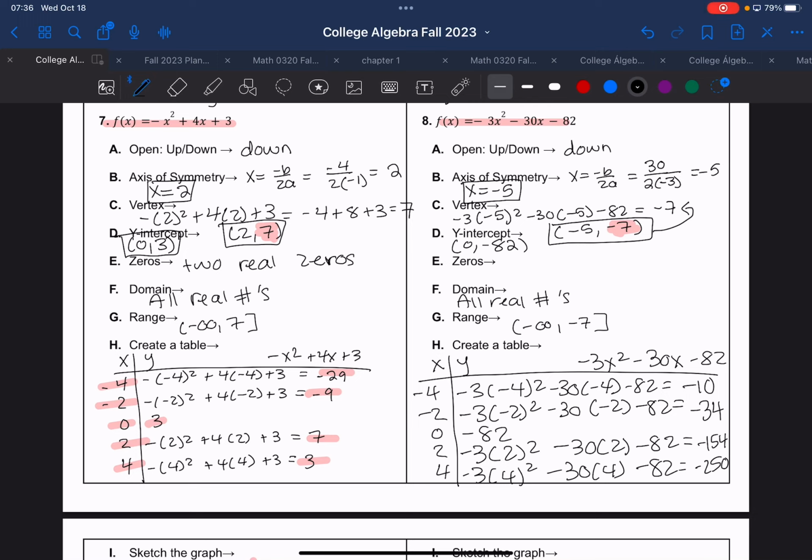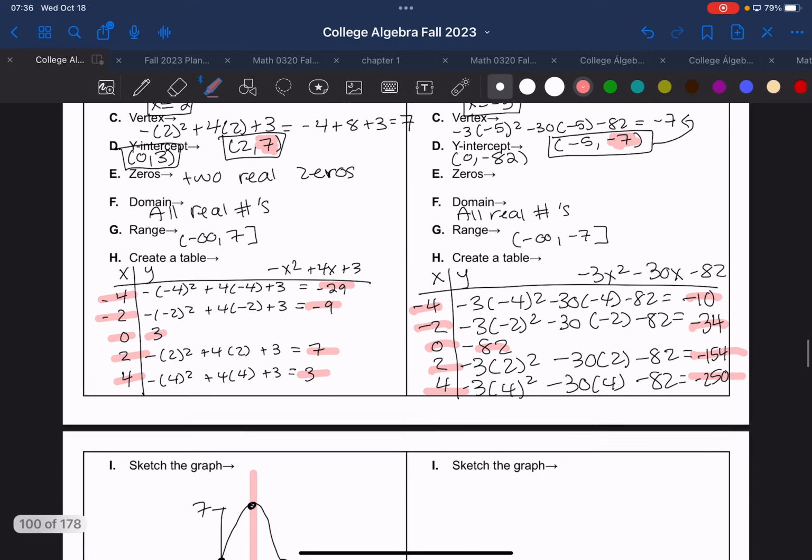So again, that tells us we're not going to be plotting a lot of these points. They're not going to be on the graph. But just so we have them, here's our points. Okay, our x and our y values.